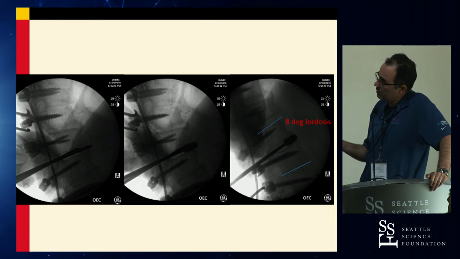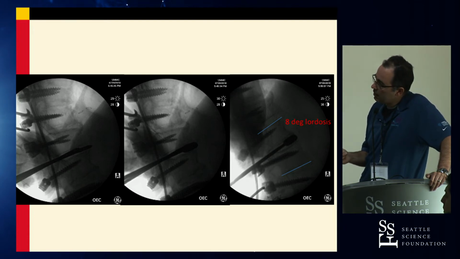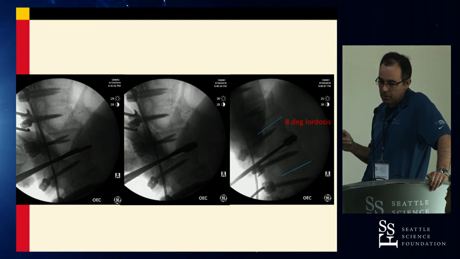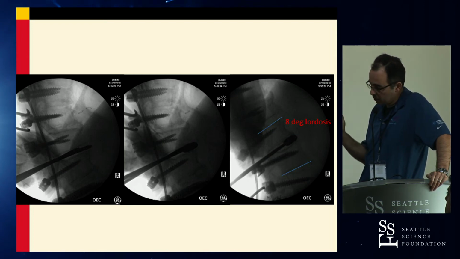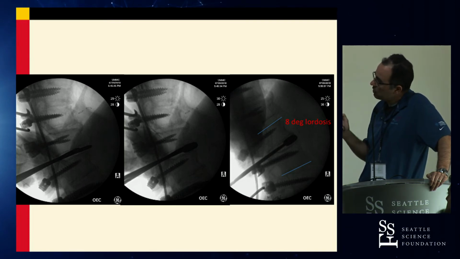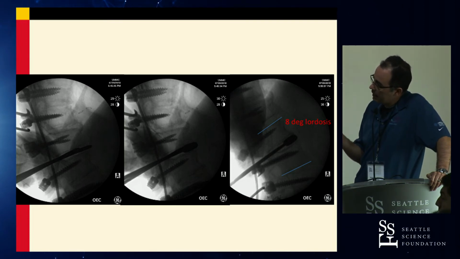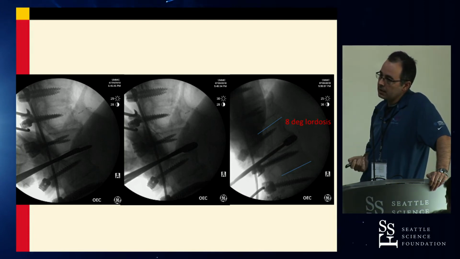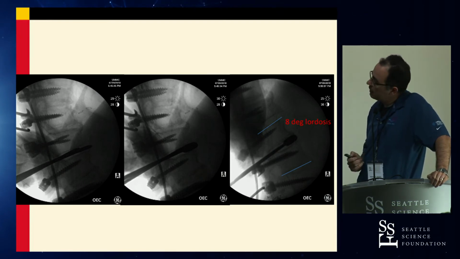Cephalad to the previous construct, as you can see, we have bilateral blunt disc spacers placed into the disc space just at the level of where the pedicle screws are coronally, and you put these in, and you just get to the very, very end of the disc space and rotate these blunt disc space preparation tools.